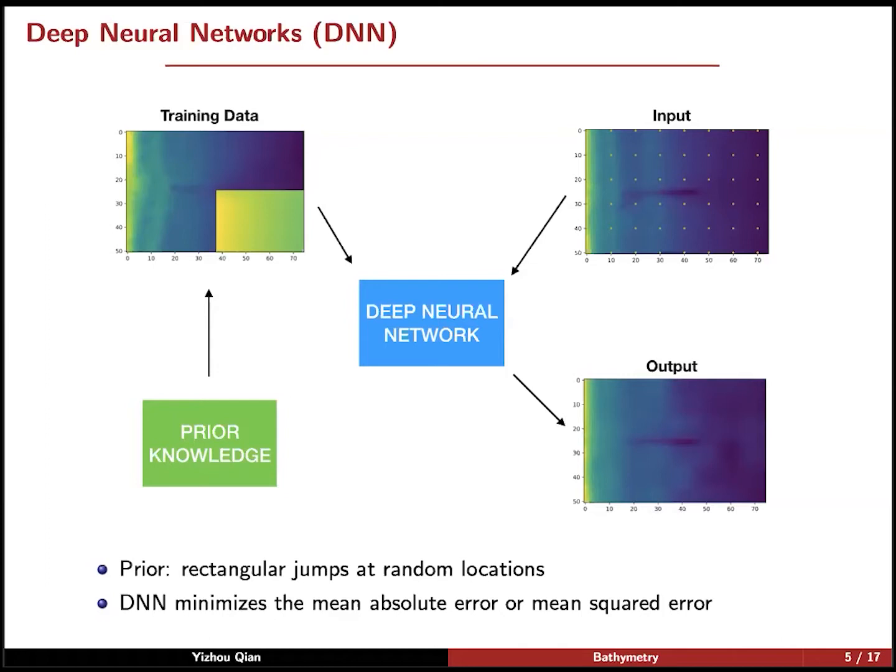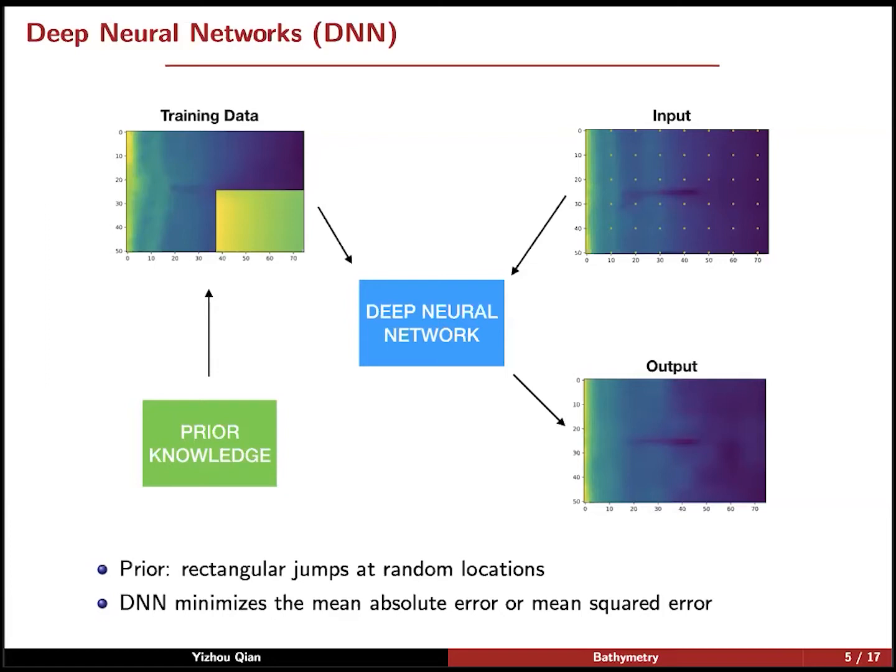In this case, we are passing some rectangular jumps in our training data. Hopefully we want to use this to represent some kind of solution with sharp boundaries, so that hopefully the deep neural network can do a better job when the inputs are from solutions with, for example, sharp gradient components.